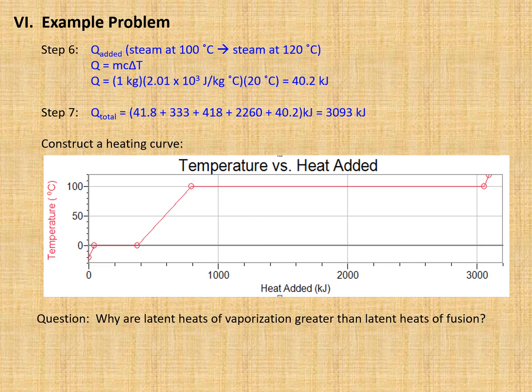It takes much more energy to move liquid particles far enough apart so that the liquid becomes a gas than it does to move particles in a solid far enough apart so that they can be considered a liquid. So that's why latent heats of vaporization are generally so much greater than latent heats of fusion.